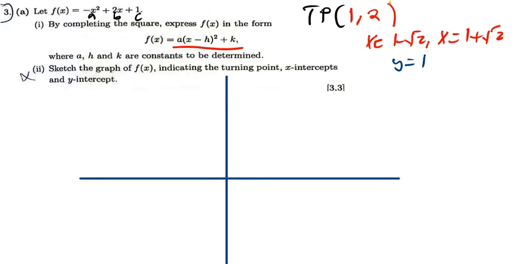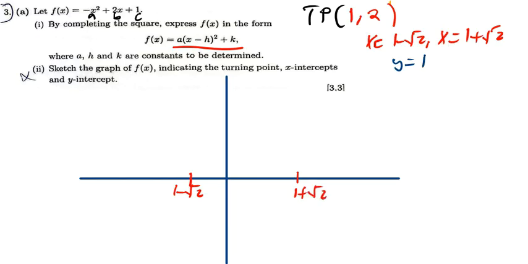Now we should understand that the one which is going to be to the positive side, it is 1 plus root of 2, because 1 minus root of 2 is going to be negative, but it's going to be just near here, so you put 1 minus root of 2. Okay, 1 plus root of 2 is greater than 1, so I'm going to put 1 plus root of 2 here.